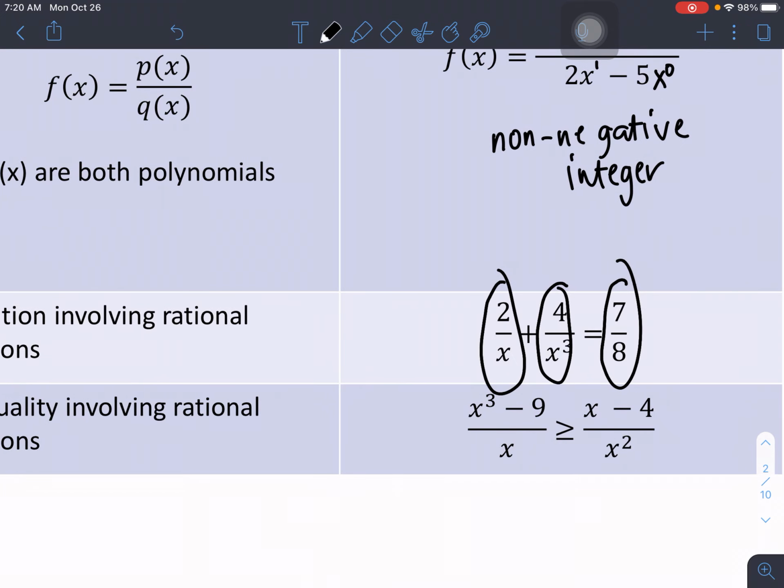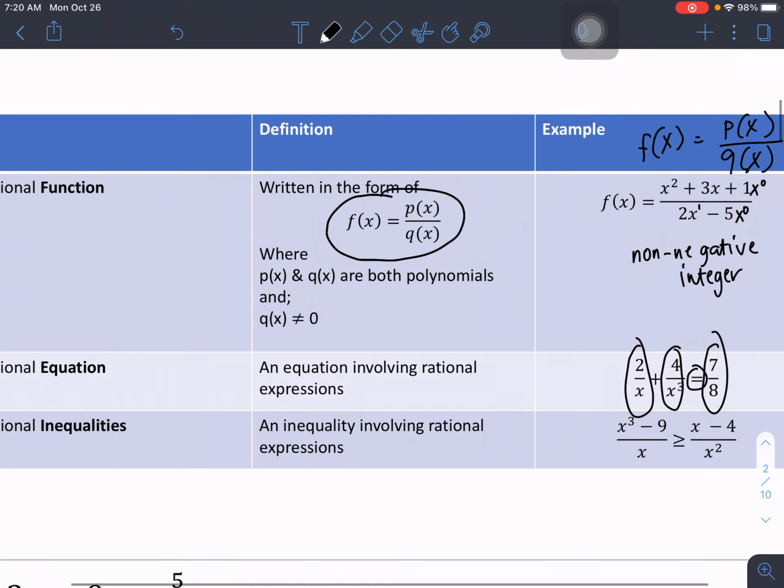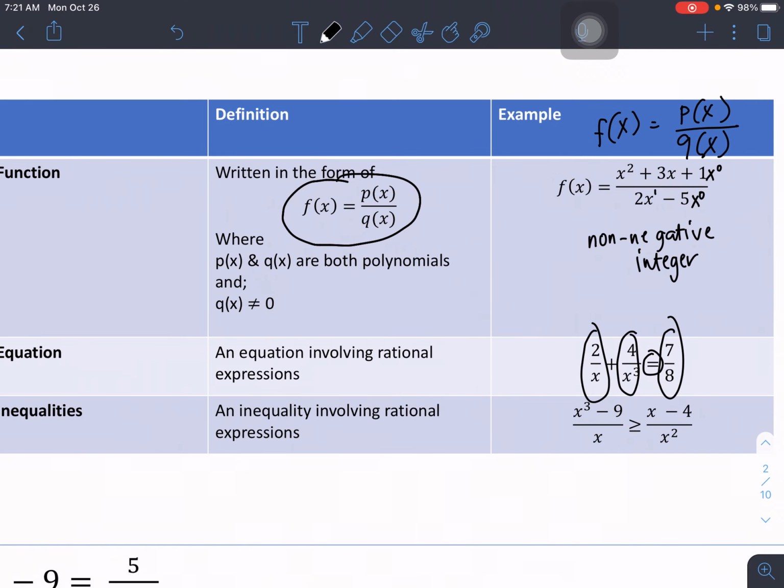Our main indicator here is the presence of an equal sign, wherein this is not in the form of f of x is equal to p of x over q of x. When we see this form, automatically this is a rational function. Otherwise, if we see an equal sign or an equation and it is not in this form, then this is a rational equation.